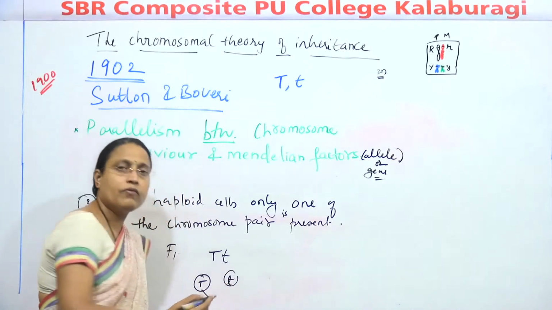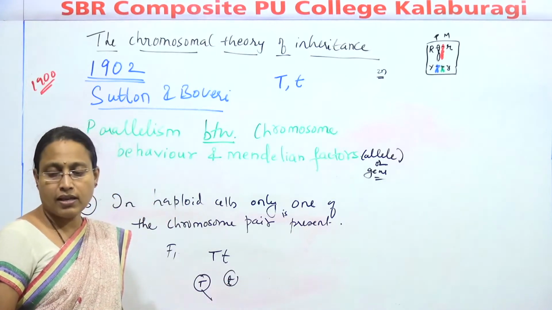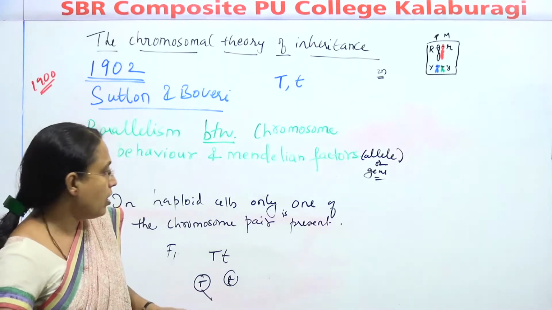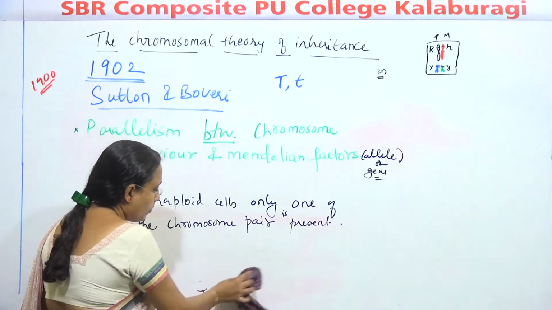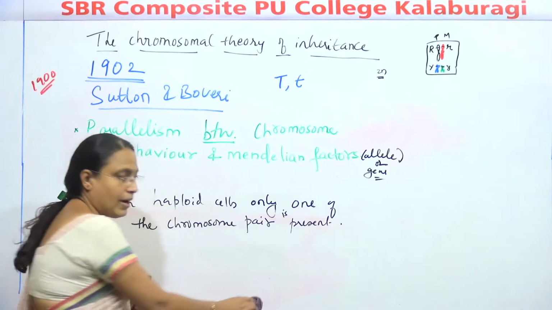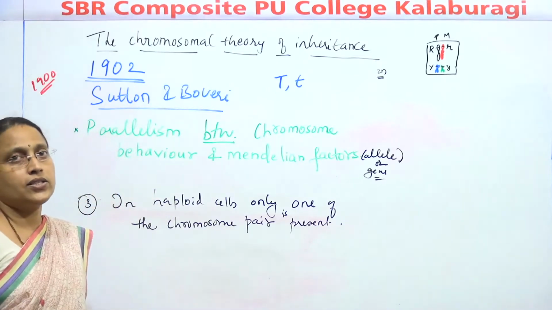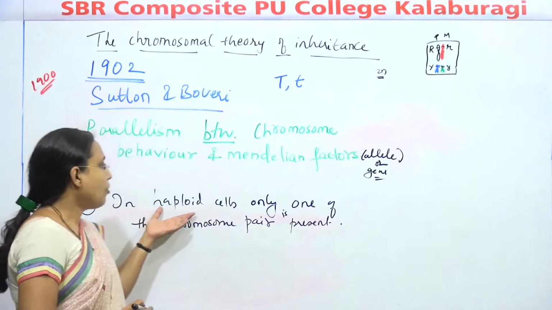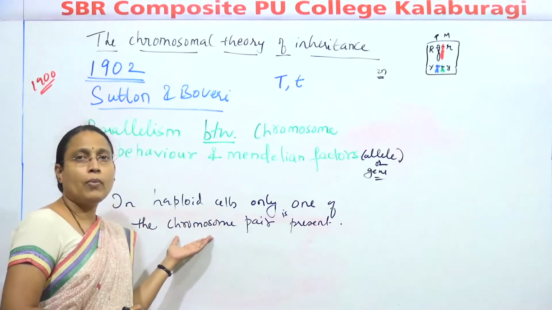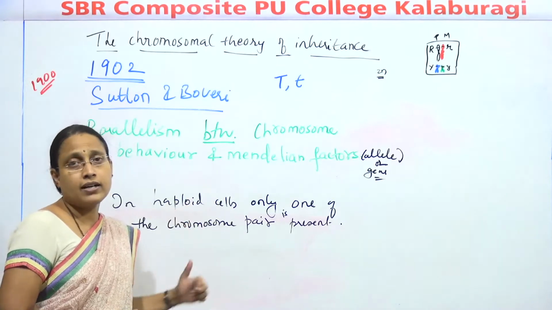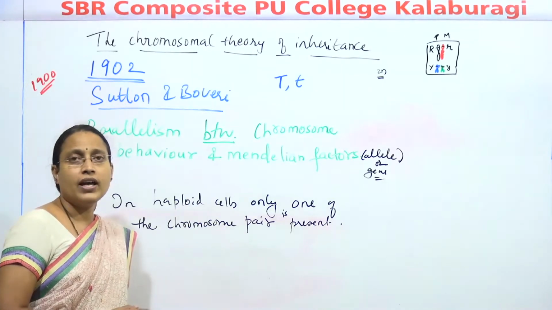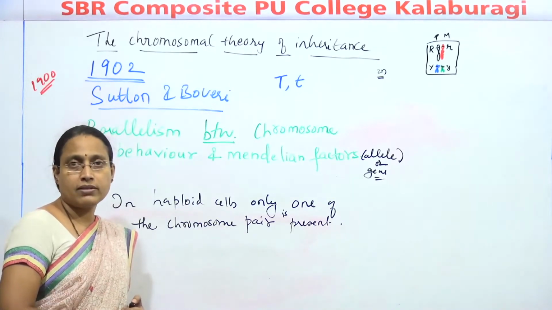Then they will fuse and form different offspring after formation of the zygote. So this is again the parallel nature between chromosomal behavior and Mendelian factors. Haploid cells have only one chromosome out of the pair, and even the Mendelian factor says only one of the factors enters during the formation of a gamete out of the two factors.